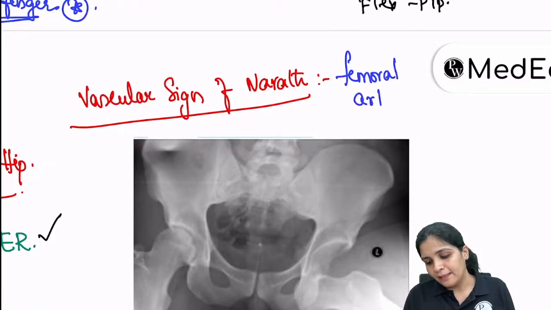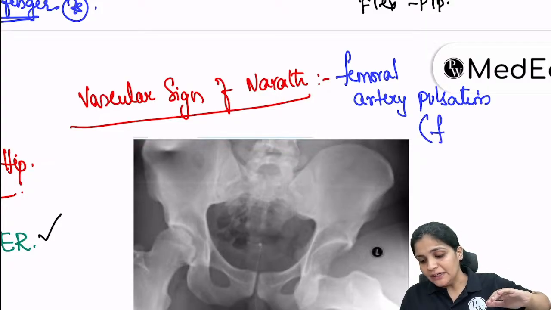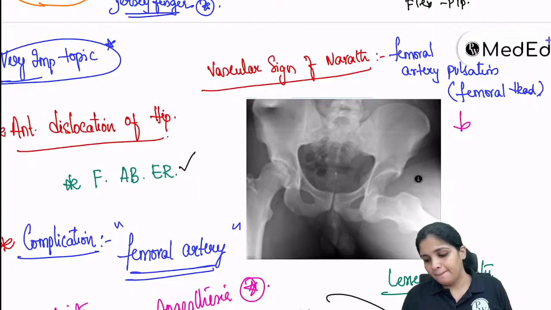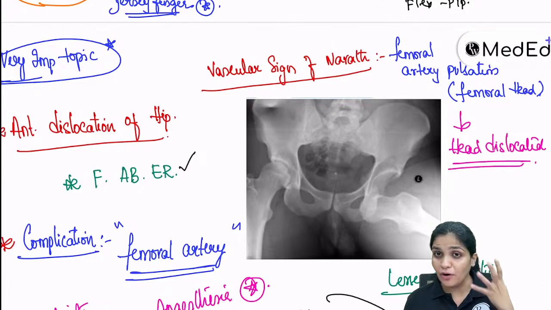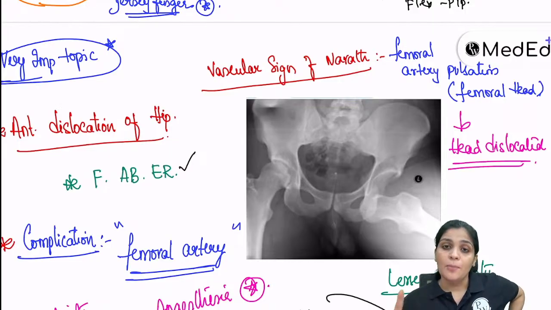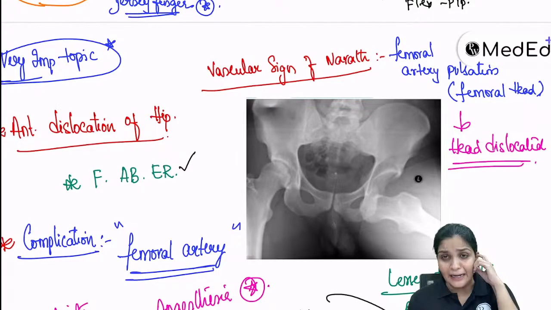artery pulsations are felt by putting pressure over the femoral head. So whenever the head is dislocated, you cannot feel the pulsations, because the head is not there in that position. So you will tell that the vascular sign of Narath is positive. That means you cannot feel the pulsations, but the artery is intact.